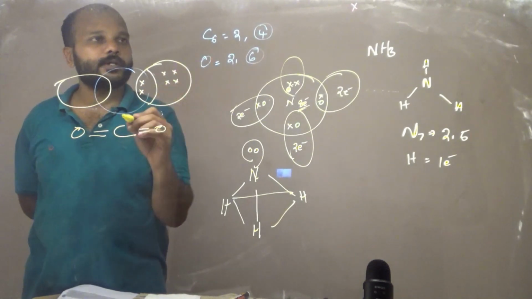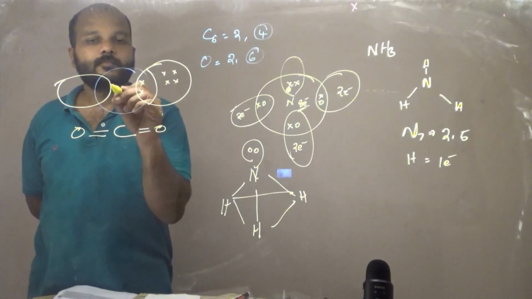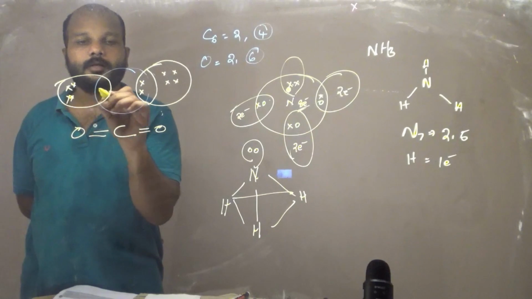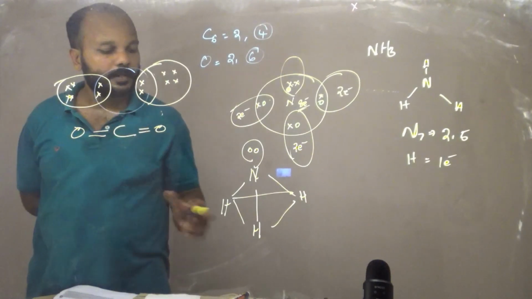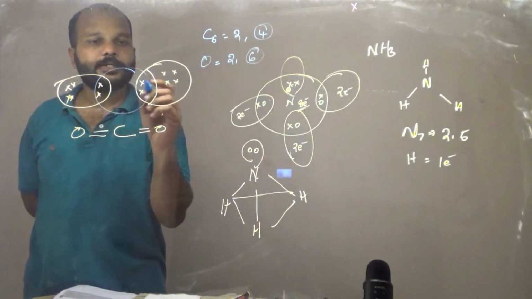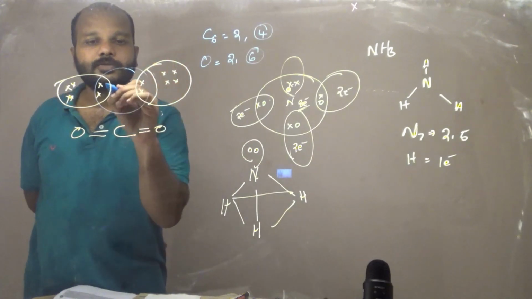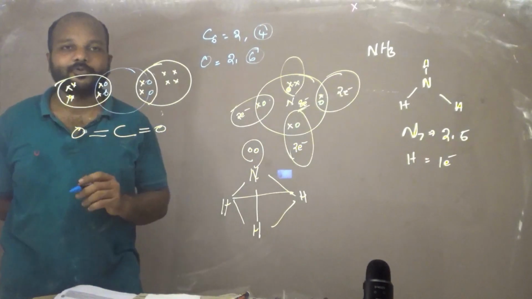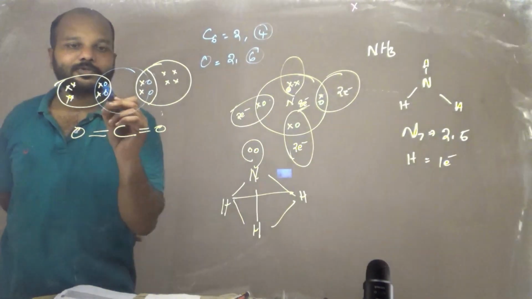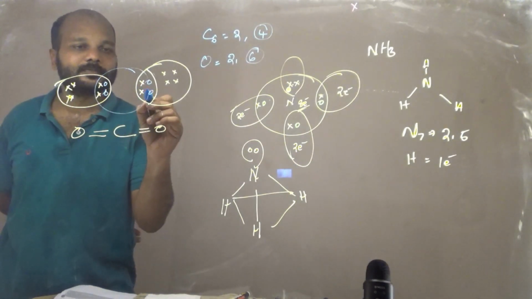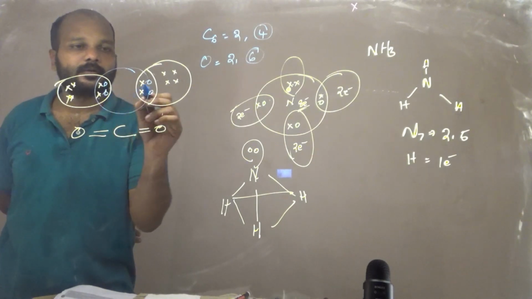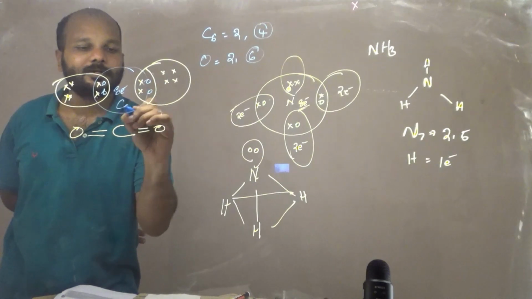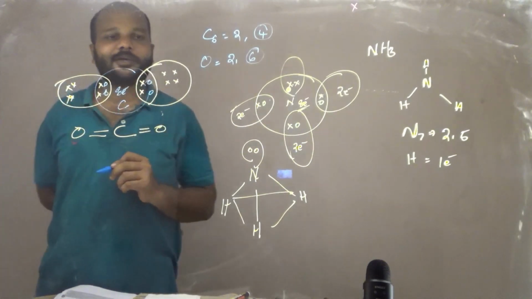Now for carbon, it has 4 electrons, right? So 1, 2, 3, 4. That means now you can count for carbon 1, 2, 3, 4, 5, 6, 7, 8. 8 electrons are there with the carbon, so it is happy and does not have any issue.